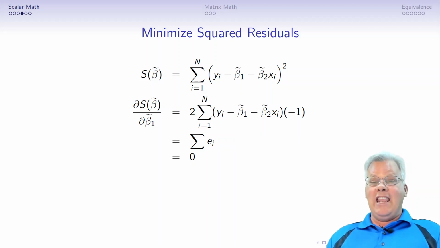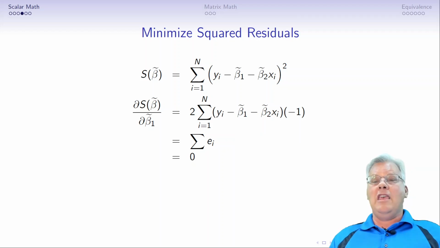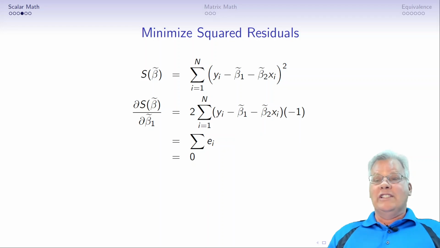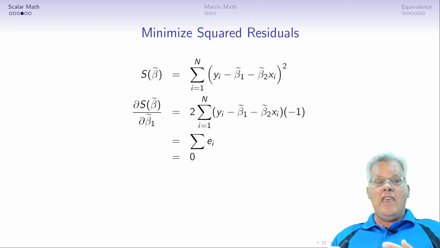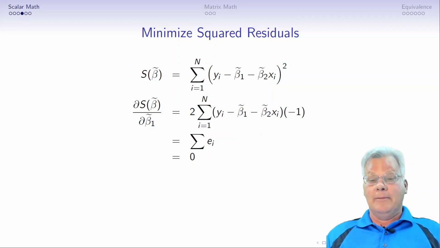You will notice that in the expression of the sum of the squared residuals, beta tilde 1 appears in one place. So when I apply the chain rule, I take the squared term, move it out front, decrement the exponent, and then take the derivative of the inner term with respect to beta tilde 1, and I get the expression on the second line.